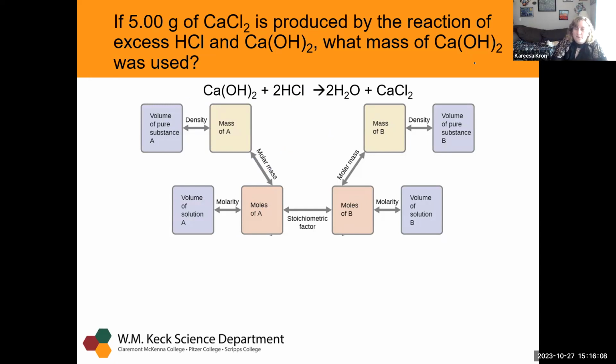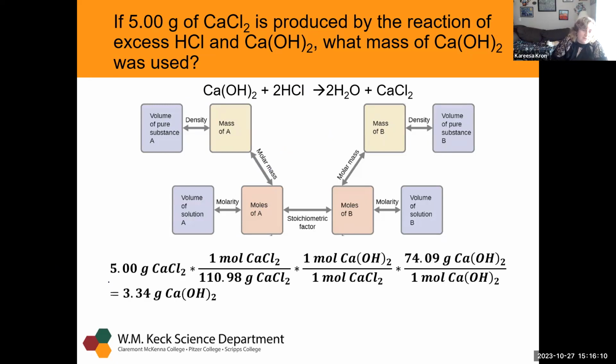So I once again start with what I'm given, which is the 5 grams of calcium chloride. And so potentially I'm here, 1, and I multiply it by molar mass. So I go here next. I multiply it by molar mass using dimensional analysis so that my grams cancel. And then I want to cross over. So my goal target over here, 4, is the mass of B. I want to calculate the mass of calcium hydroxide.